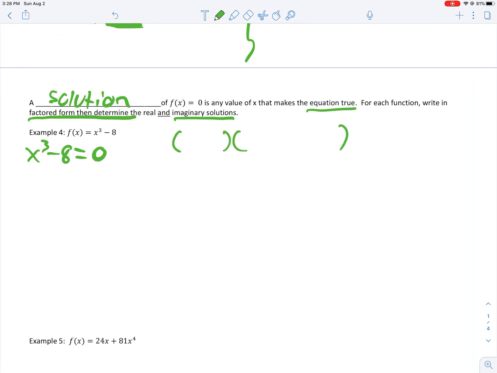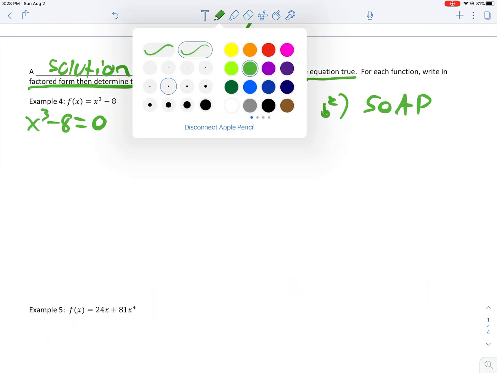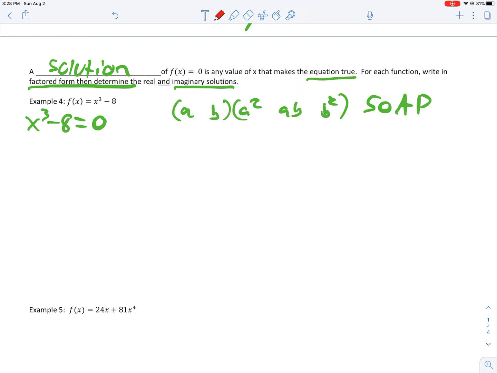So first we're going to factor it. So again, it's a difference of cubes. So a squared, b squared. You're going to remember SOAP. So minus, so same sign, opposite sign, always positive.